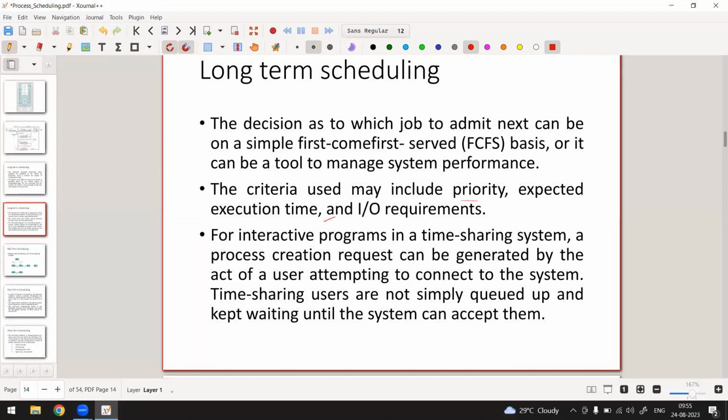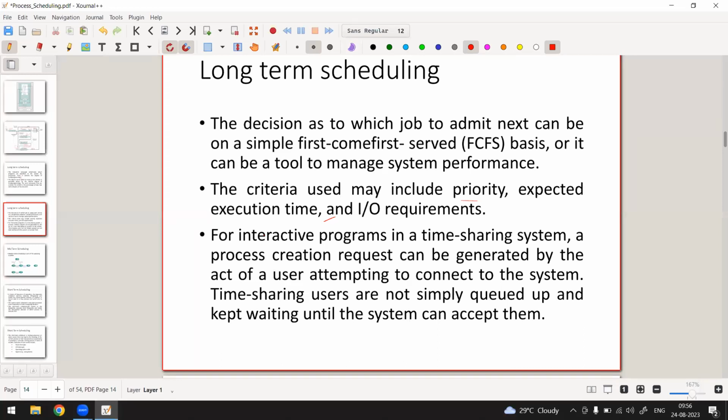Or you have the expected execution time: the process which is going to finish early can execute first, and the long processes can execute later on.